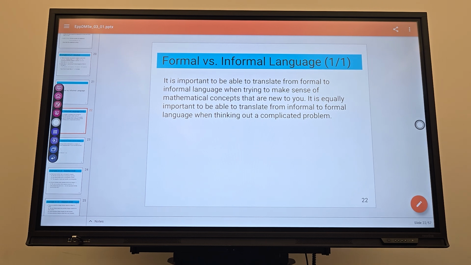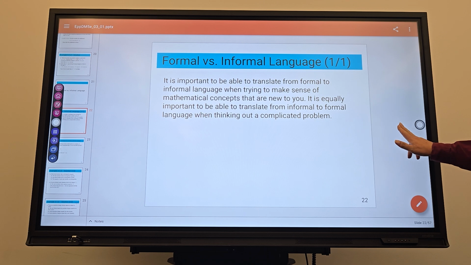So you need to be able to translate between formal and informal forms. Generally, informal forms are used in papers and when talking to people, but when writing out a mathematical proof, you use the formal form.